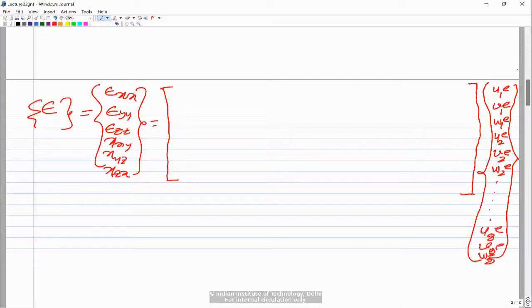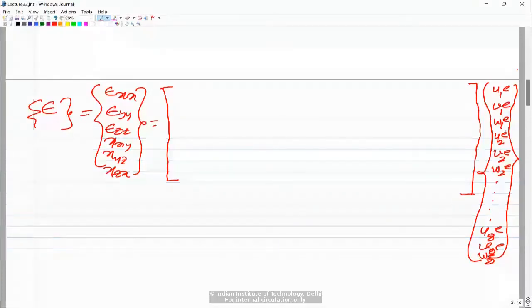Now, if you recall, epsilon xx was del u by del x. So we need to differentiate u with respect to x. We have u coming at the first location, fourth location, and so on.